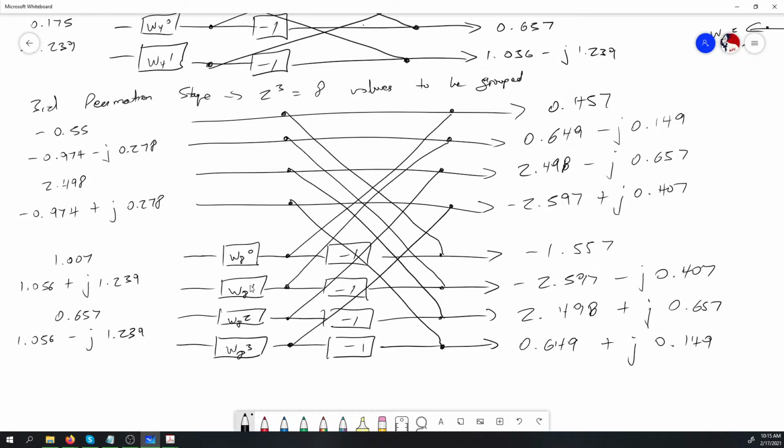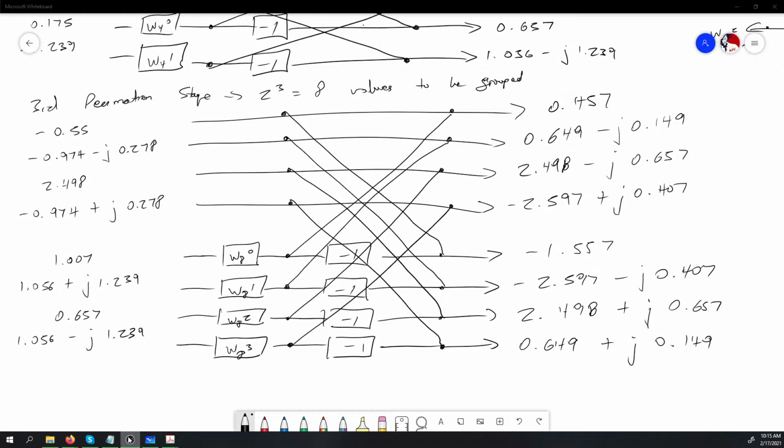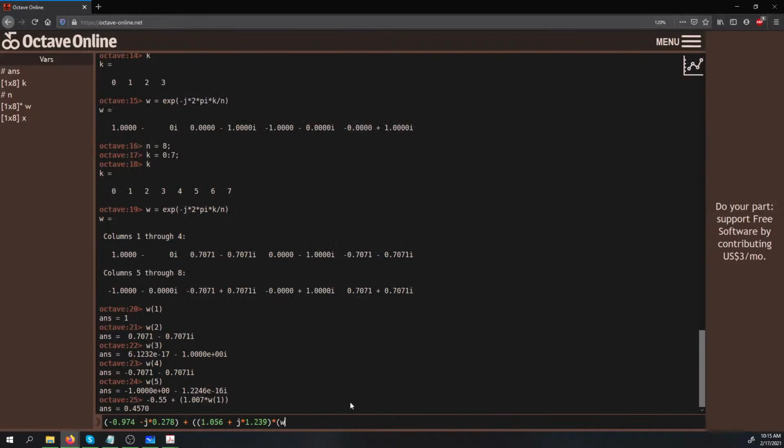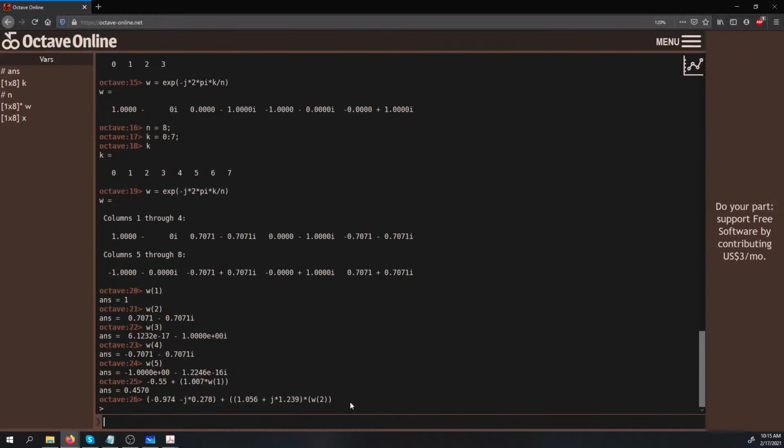So this here being W8 of 1, that's going to be W2 because of the indexes. Probably didn't complete a bracket.